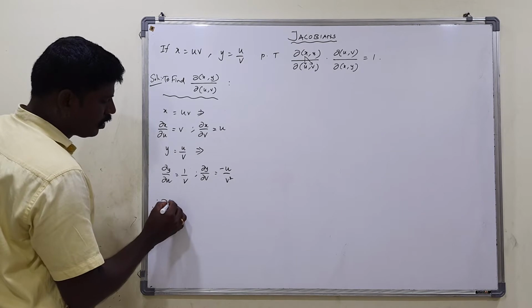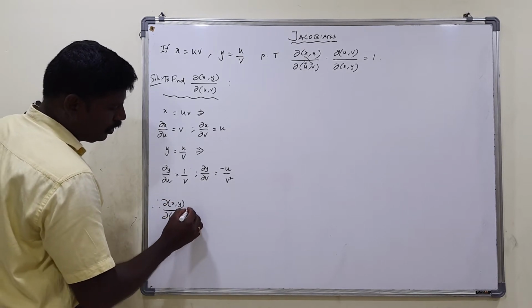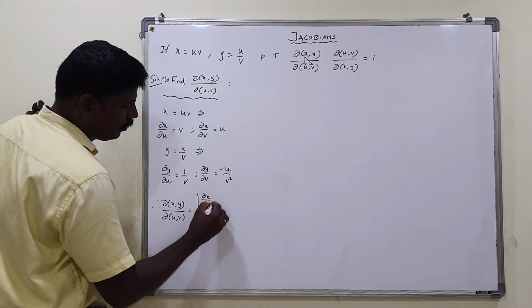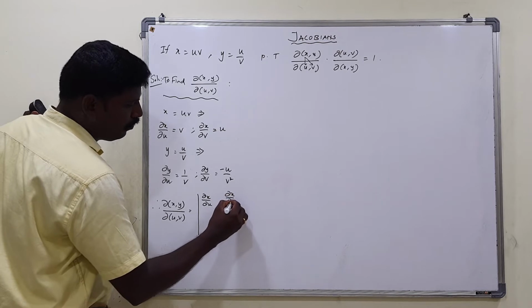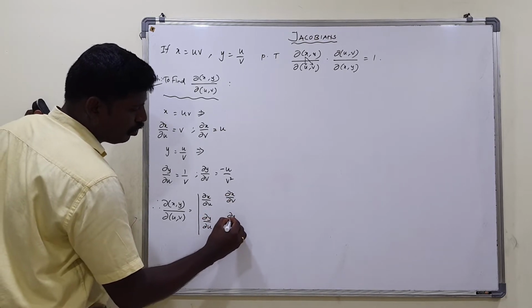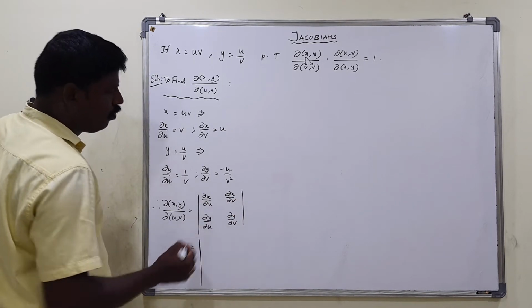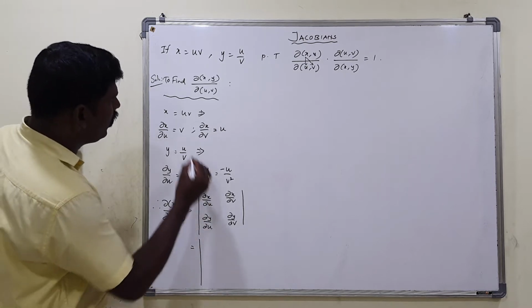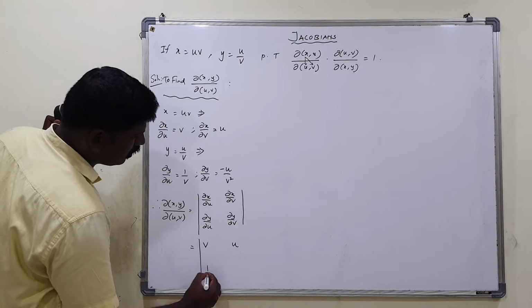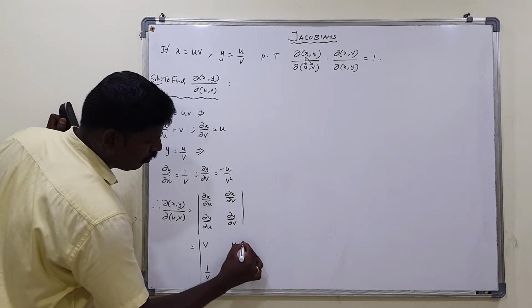Therefore, the partial derivative of x comma y with respect to u comma v is equal to the Jacobian determinant of dou x by dou u, dou x by dou v, dou y by dou u, dou y by dou v. So the values are v, u, 1 by v, and minus u by v square.